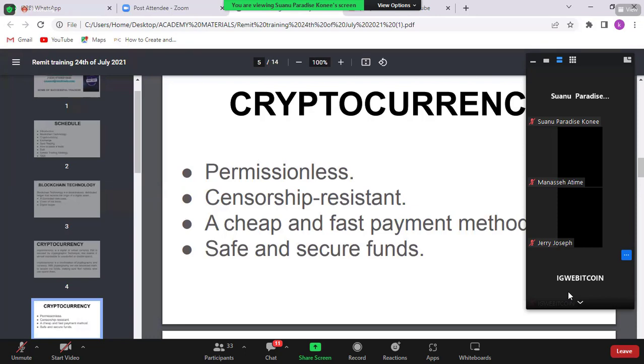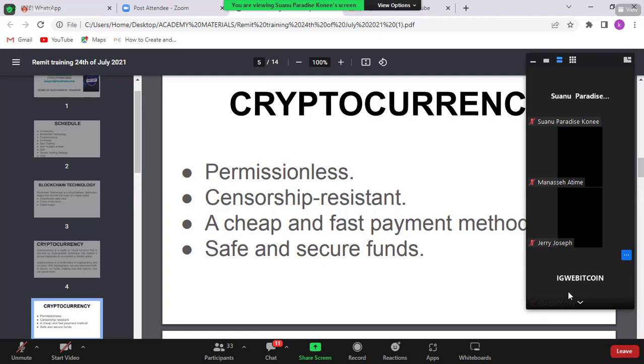What is fiat? Fiat is any legally acceptable currency by the federal government. So when you come to Nigeria, we use Naira. That is our government accepted currency, Naira. So it's our fiat.